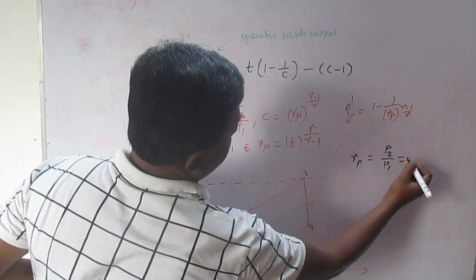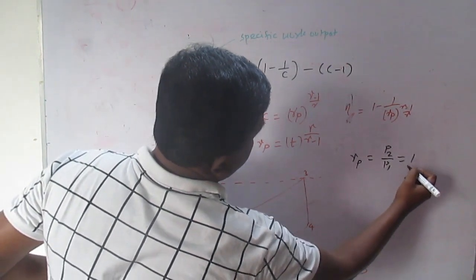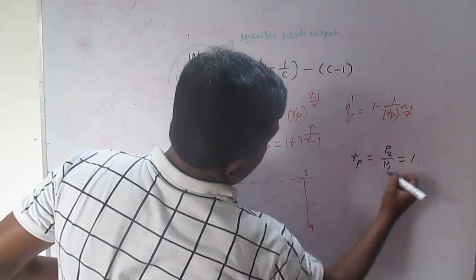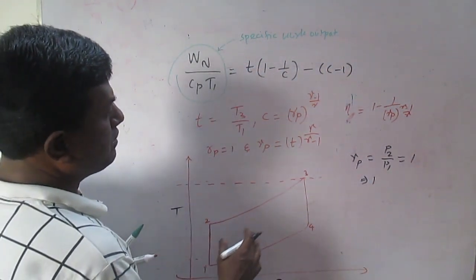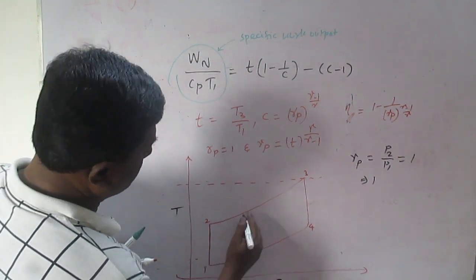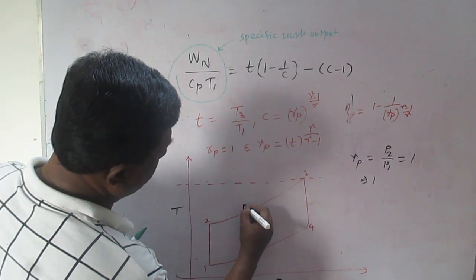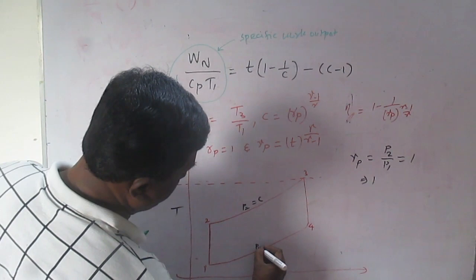So RP equal to 1 indirectly means P2 equals P1. Here, P2 is constant on one curve and P1 is constant on the other.